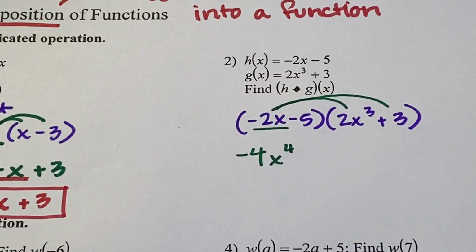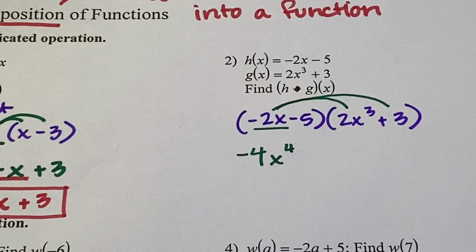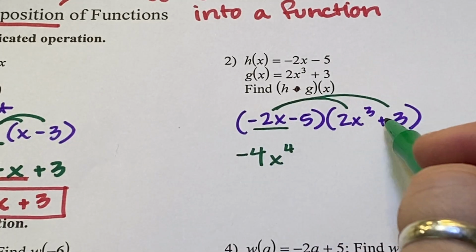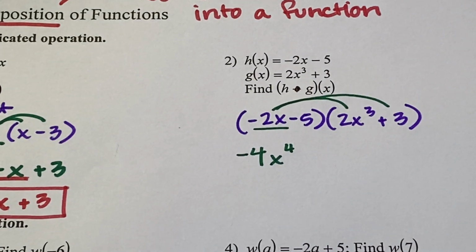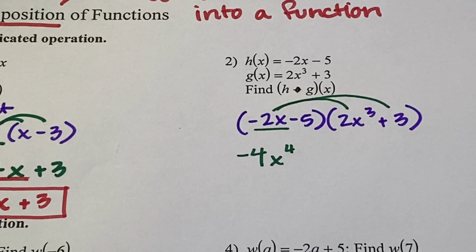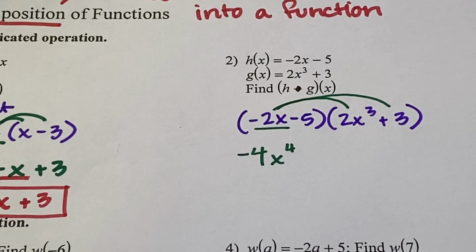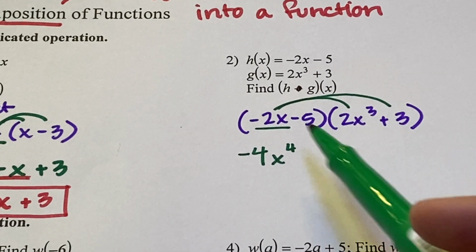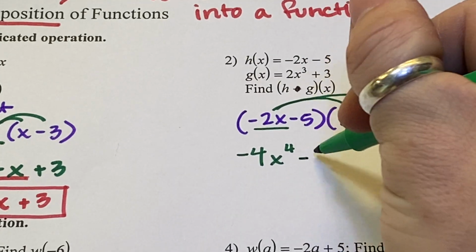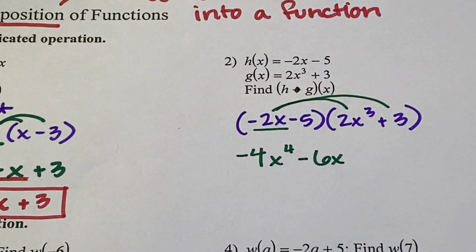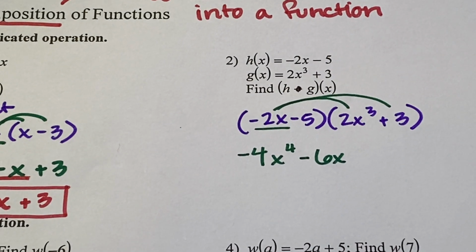Now it's x to the 4th. Now I need to take negative 2x times 3. What am I going to get with that guy? Negative 6x. Great job. There's our first two terms.